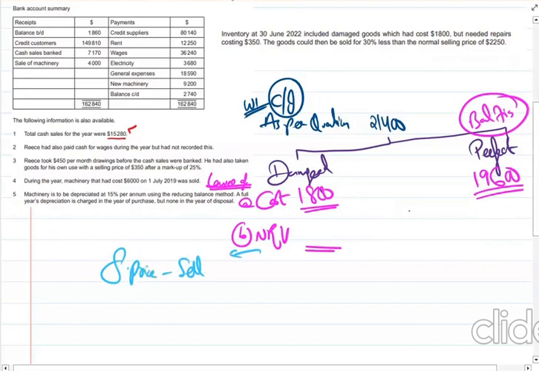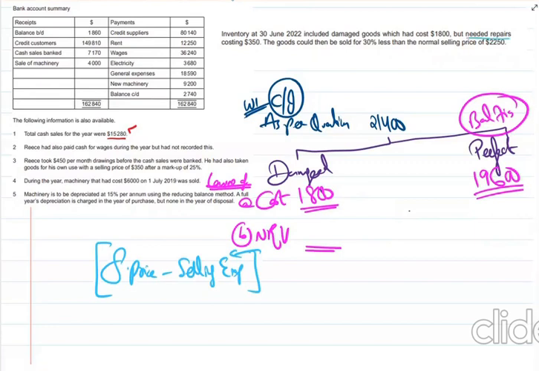The selling price minus the selling expenses. They are saying this needs repair costing 350, so the expense to enable sale is 350. These goods can be sold for 30% less than the normal selling price. Normal selling price was 2250. It will be sold at less 30%. So what should it be?